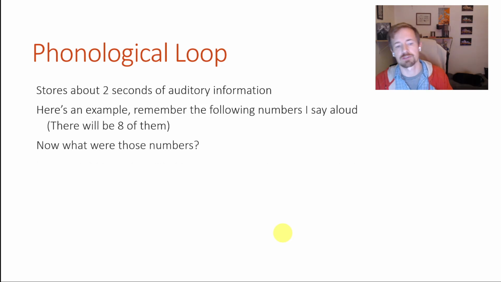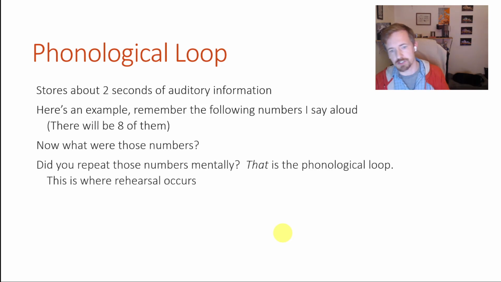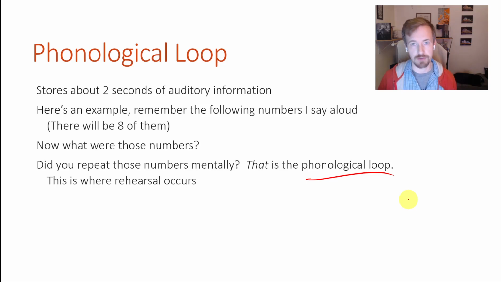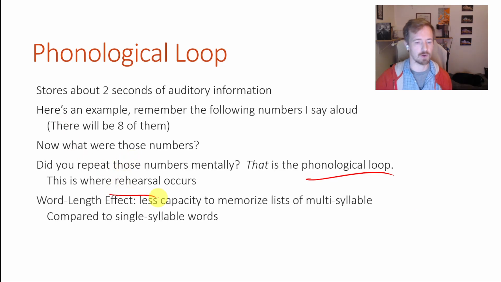Alright, I'm going to skip over this next part because I was going to do this with numbers. But if you were trying to remember a list of numbers, you're generally going to do that verbally. You're going to remember the sound of those numbers. You're going to repeat those numbers back to yourselves. That's using the phonological loop, and you can feel it while you're doing it. While you're sounding it out to yourself, just as a reminder, that is called rehearsal, and that is also in the phonological loop.